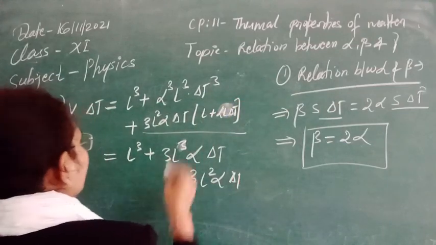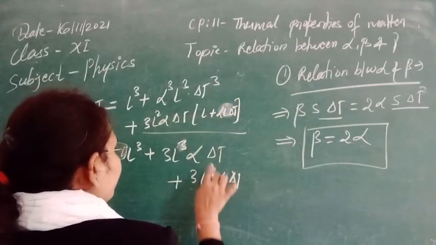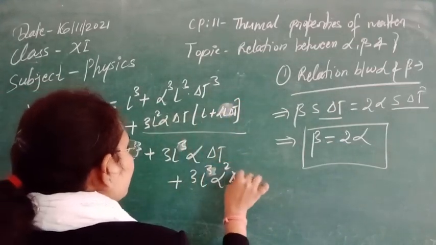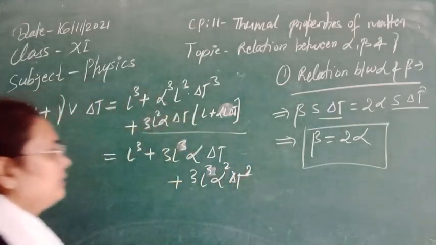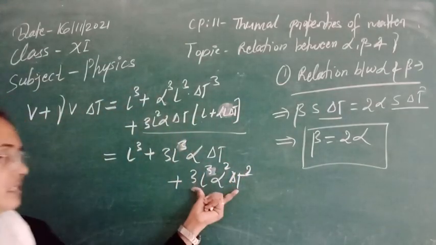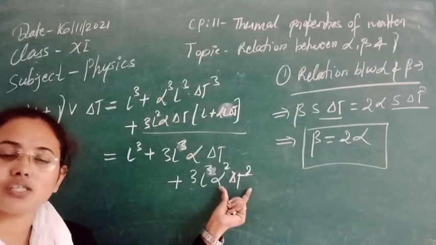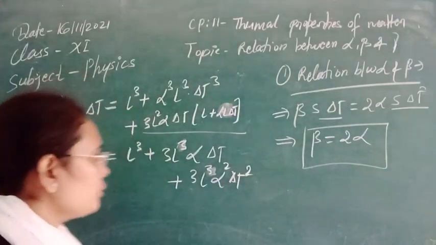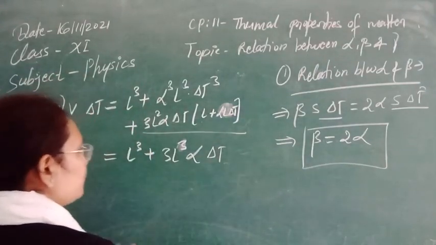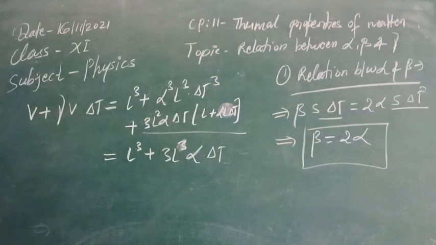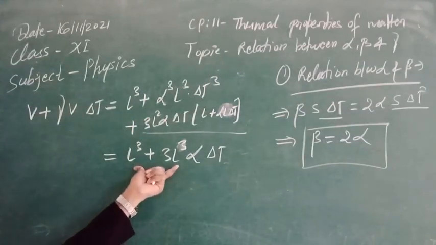So it will be L cube alpha square delta T whole square. Again, in this term delta T is small, so its square is very small, so we can neglect this term also. Now when we neglect it, only these two terms remain finally.